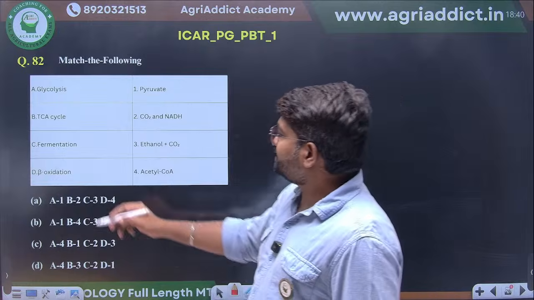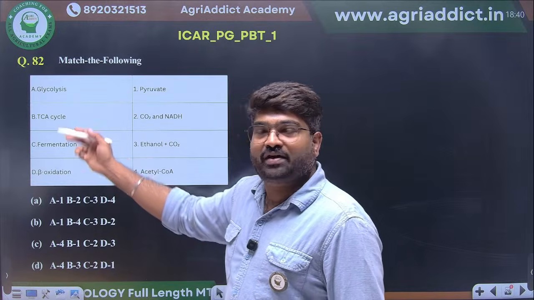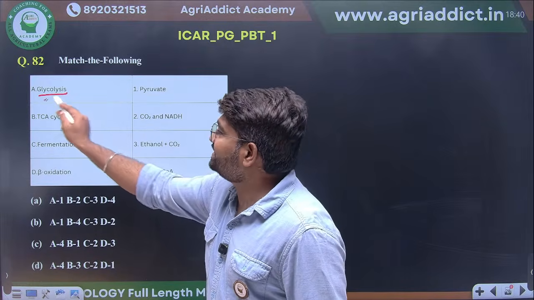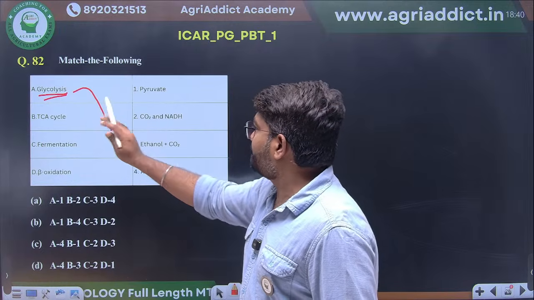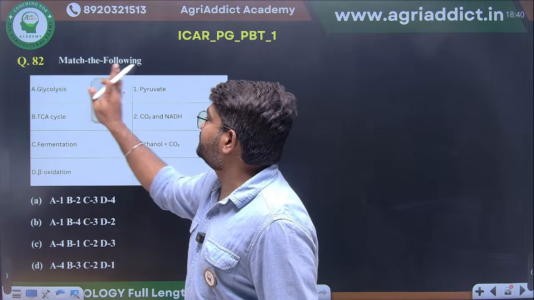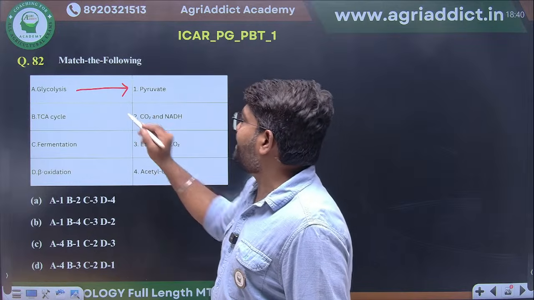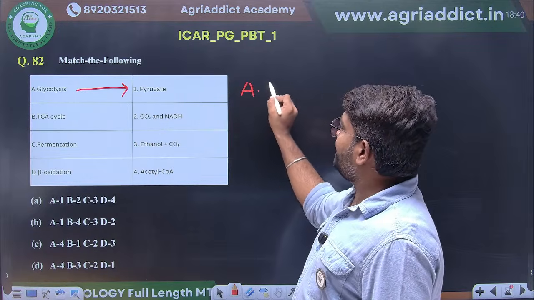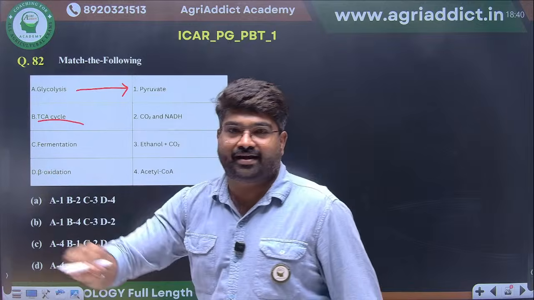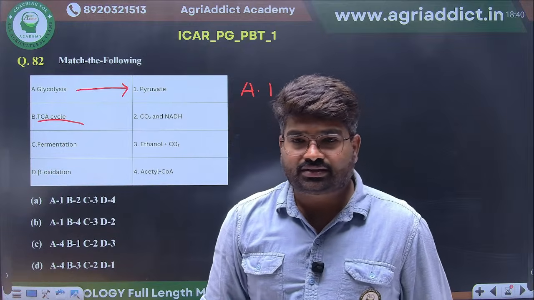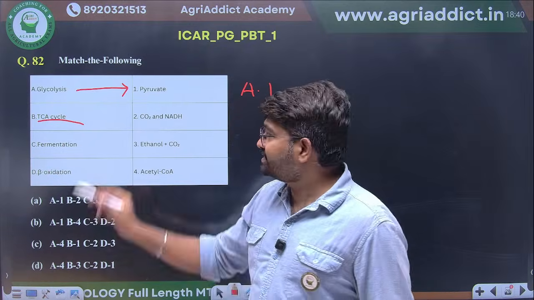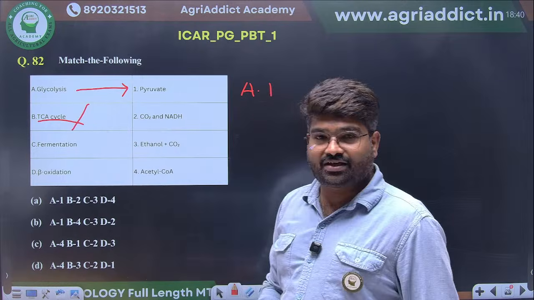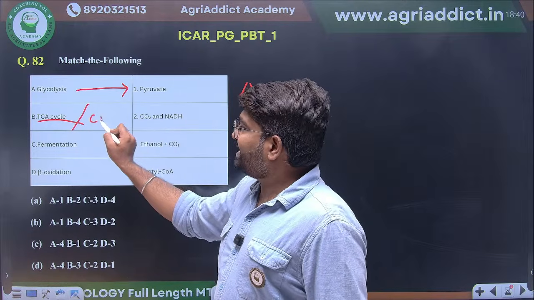Next question. This is just a simple question. We already know the glycolysis end product is pyruvate. So option A will be 1. The TCA cycle is also known as the citric acid cycle.